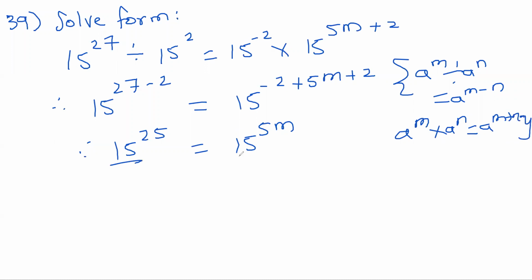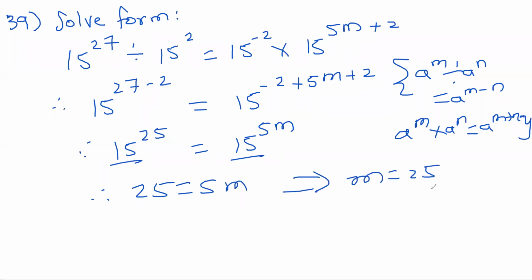Okay, now the bases are equal, so we can equate the indices. So m will be 25 upon 5, that is 5. M will be 5. Please check. Yes sir, it is correct. Okay, now let us do 38.